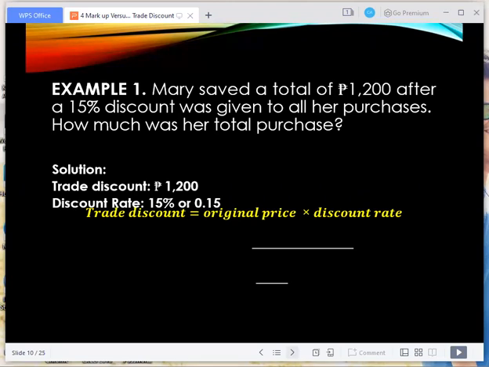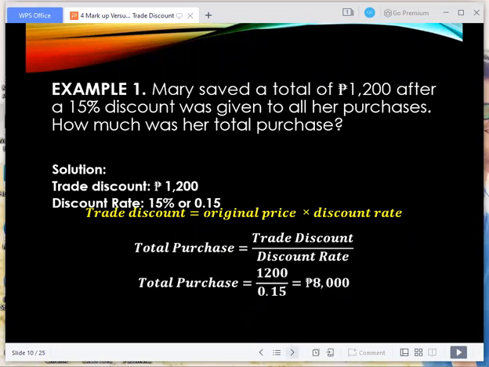Now, our formula, we have trade discount is equal to the original price multiplied by the discount rate. The trade discount is 1,200. The discount rate is 15%. So we can solve for the original price with the formula trade discount over the discount rate. Substituting our given values to the equation, we have a trade discount of 1,200 divided by 0.15, you get 8,000 pesos.